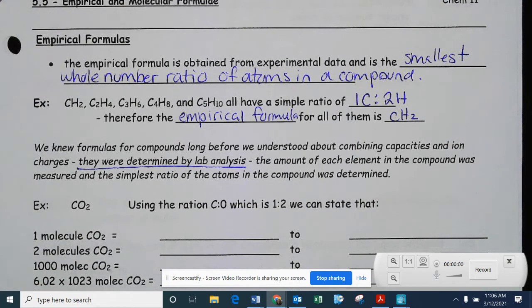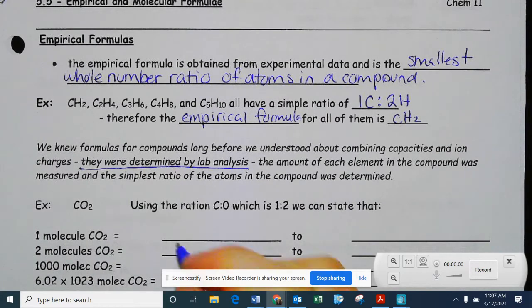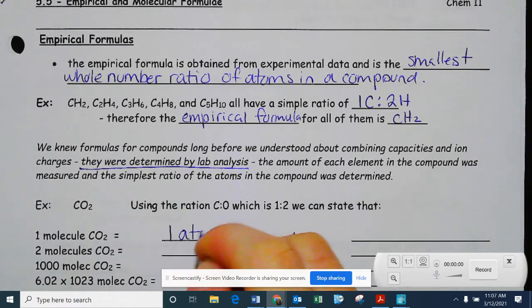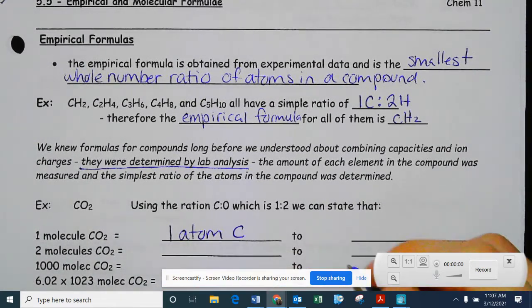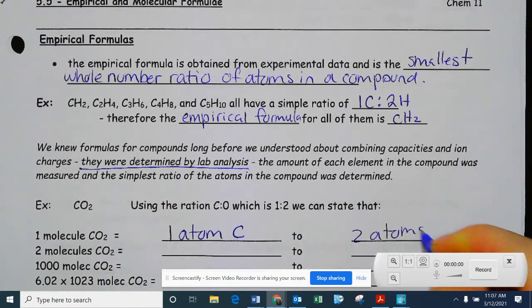So for example, CO2, using the ratio in that, which is 1 to 2, we can say that in 1 molecule of CO2, we've got 1 atom of carbon for every 2 atoms of oxygen.